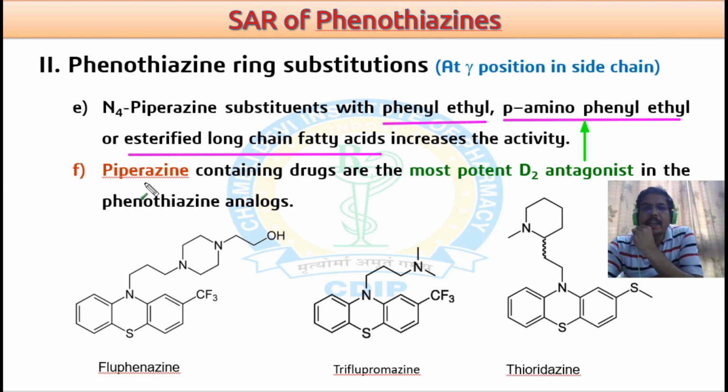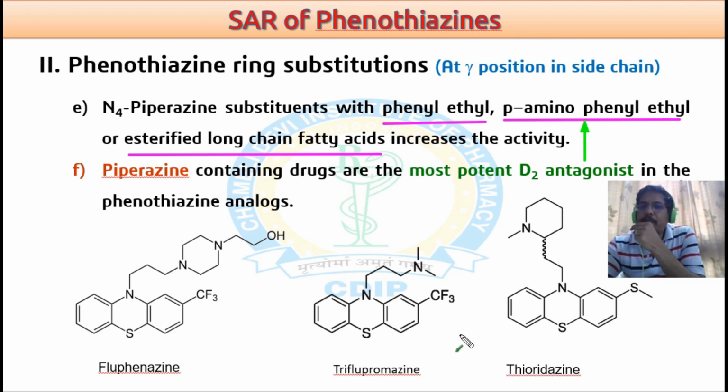Similarly, among piperazine-containing drugs, the phenothiazine analog series are the most potent, meaning they have the highest potency if you compare these terminal gamma substitutions.